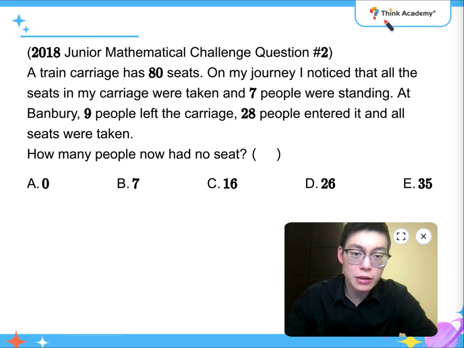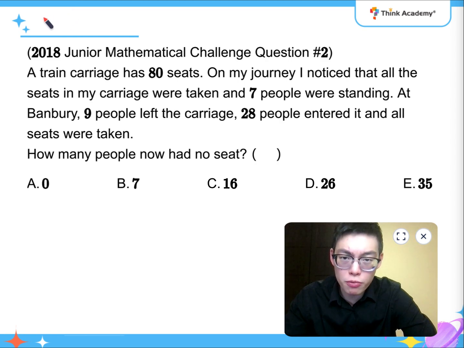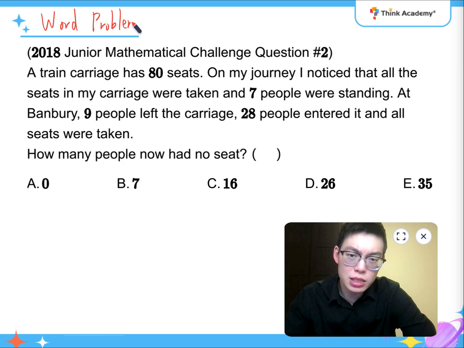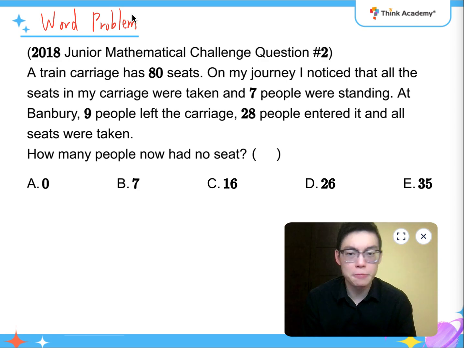And let's take a look at the second one we have. The second one is a simple word problem. I would say that it's just about basic addition and subtraction, which I don't really want to put into any category.